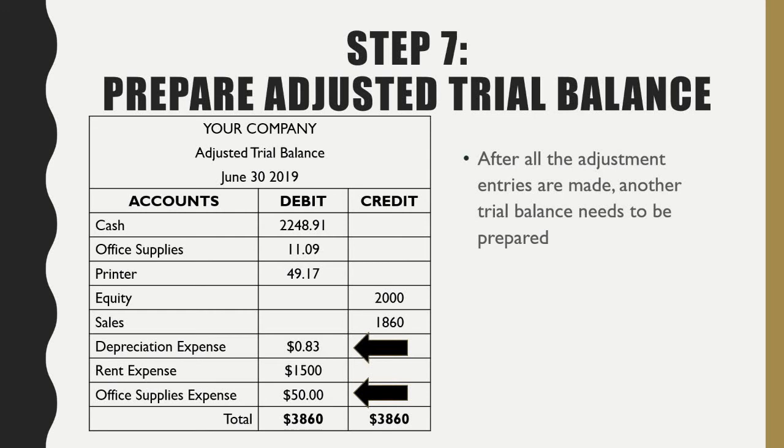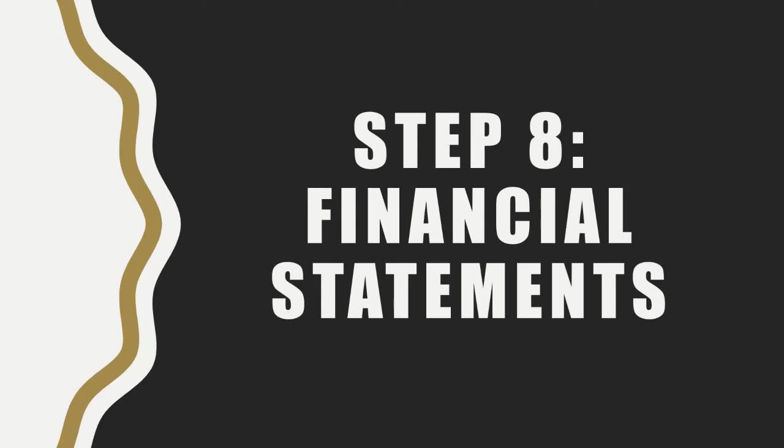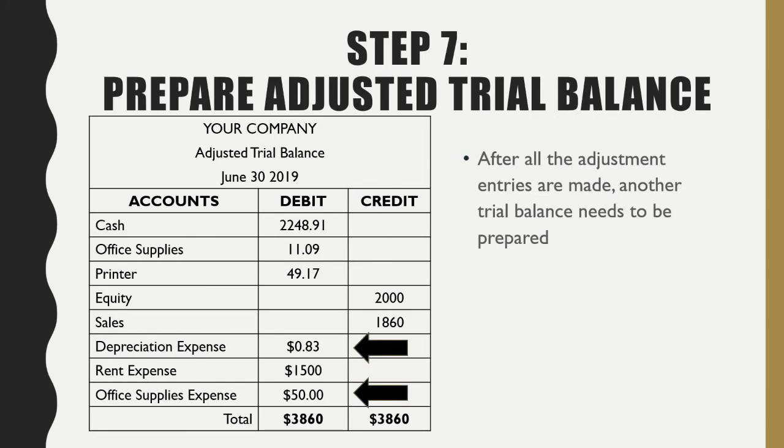So we're going to run an adjusted trial balance to test to see if you correctly transferred from one account to another, all right? And once these two match, then we can go ahead and proceed to step 8, which is completing the financial statements, okay? Now, the financial statements are going to be mostly derived from the adjusted trial balance, okay?